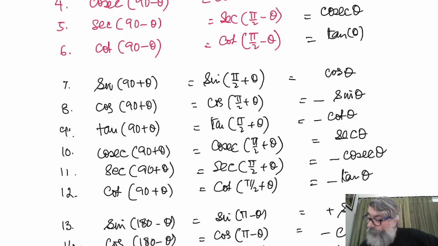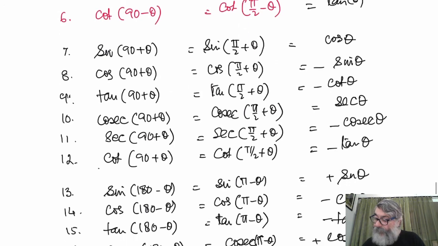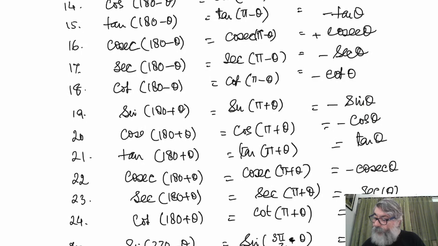The rest are all negative. Because you have to remember that sine will remain plus, cos and cosec will remain, sec. The rest will become negative. Cos will become negative, the result of tan will become negative, sec will be negative, and cot will become negative. 180 plus theta, there is no problem.